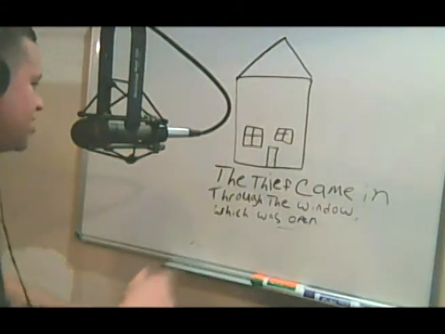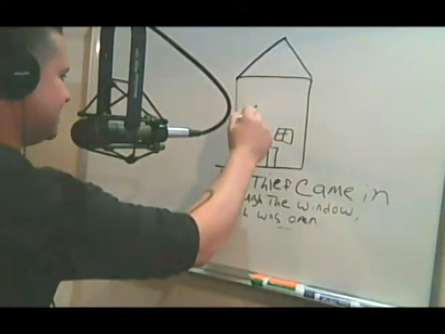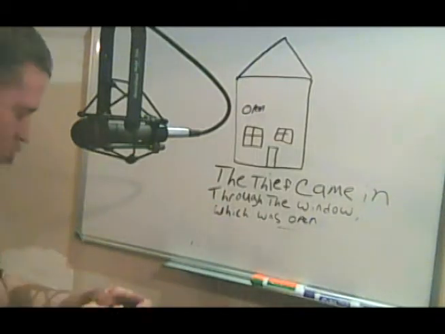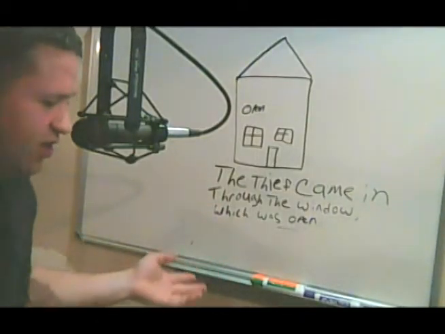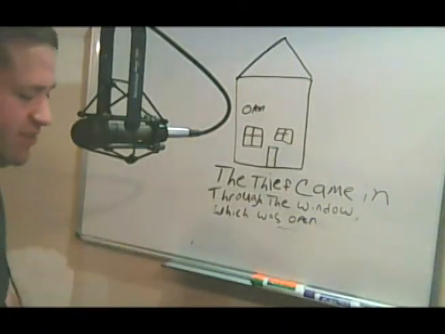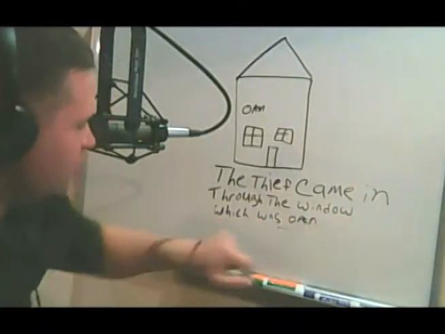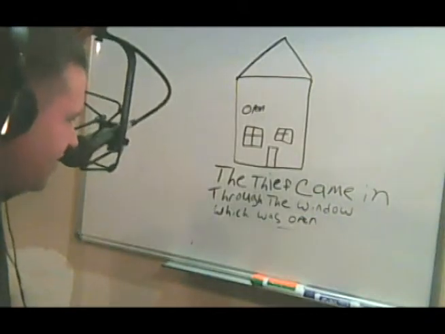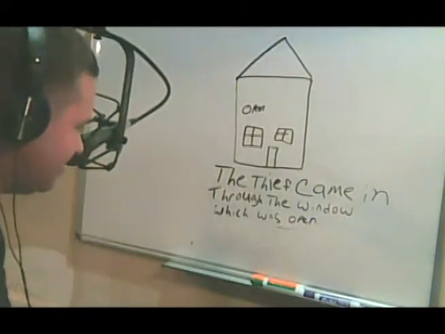Okay, so without the comma, it's necessary information, because he could have come through the locked window, maybe he broke it, or he could be coming through the window that's open. It's much easier. And in that case, I would remove the comma and say, the thief came in through the window which was open.